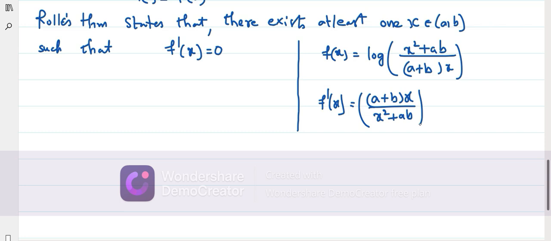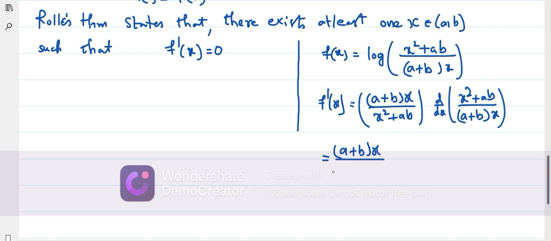Now I want to differentiate the function. What is the function here? x square plus ab divided by a plus b into x. So this is equal to a plus b into x divided by x square plus ab. Now I want to differentiate this. How can you do the differentiation for this?